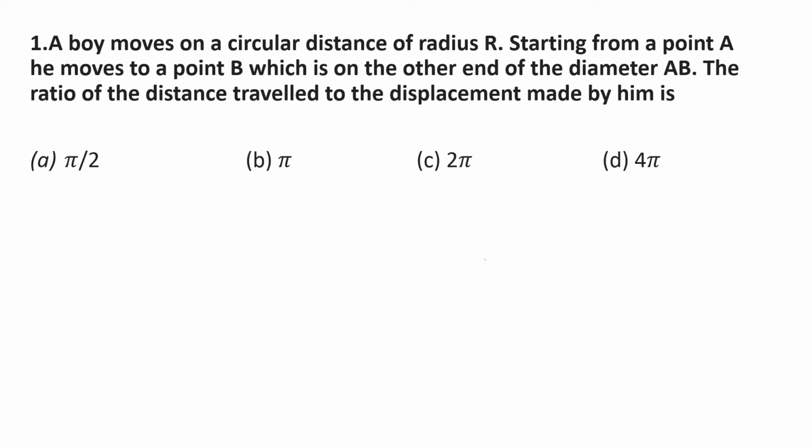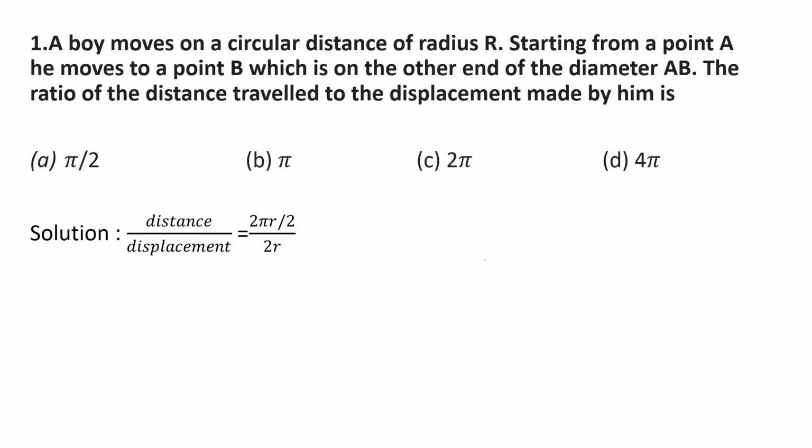So we can find the ratio, that is distance by displacement, which is equal to, distance means total path covered, that is half of the circumference, formula for circumference 2 pi r. So half of this, 2 pi r by 2, divided by displacement.